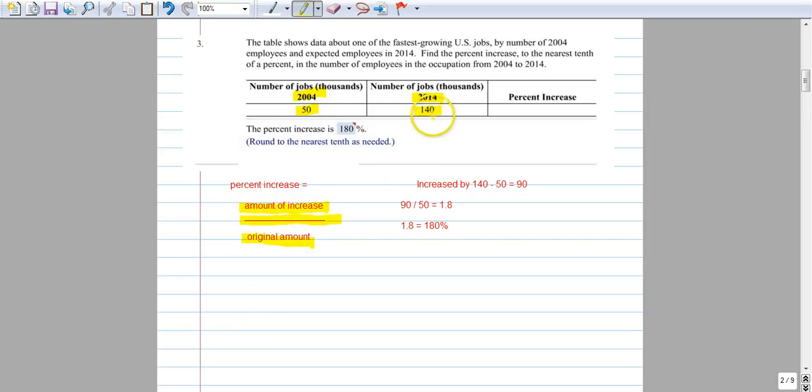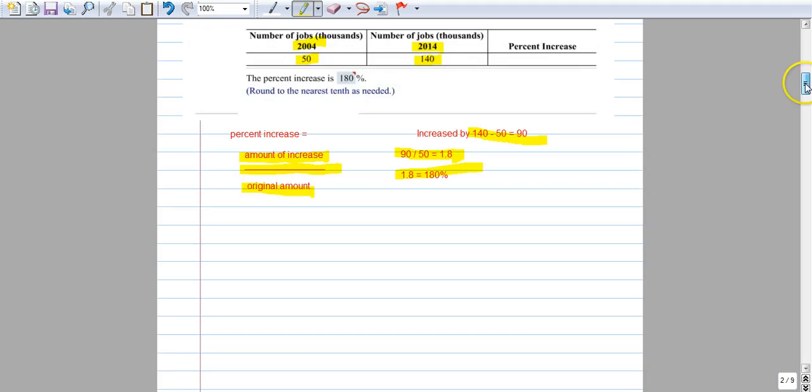So how much increase was there from 50 to 140? Just subtract. That's an increase of 90 jobs. And then according to the formula, we divide by the original amount, which was 50 jobs, so 90 divided by 50 is 1.8. Then convert 1.8 to a percent by moving the decimal 2 places to the right. That's 180%.